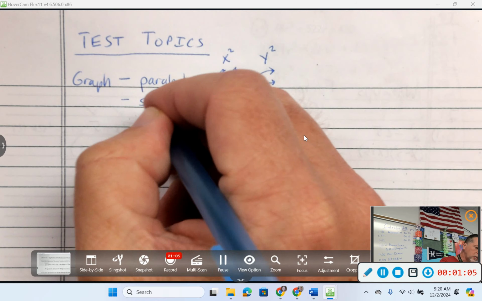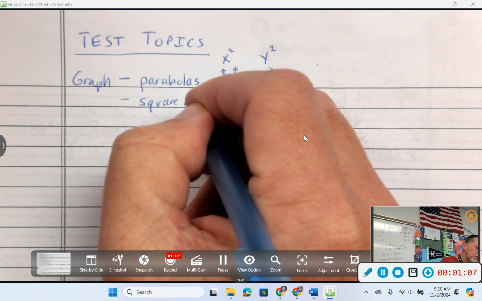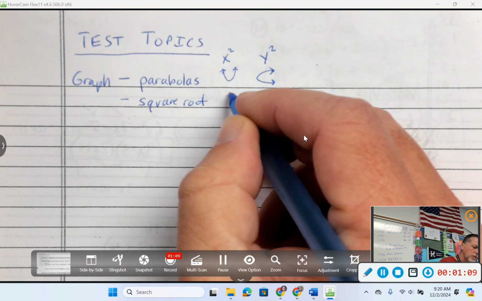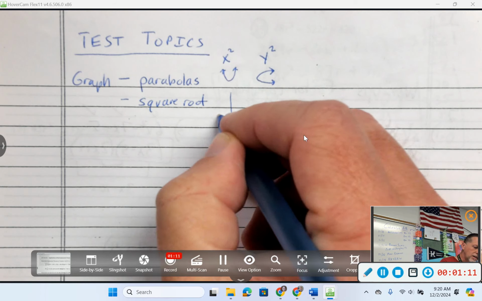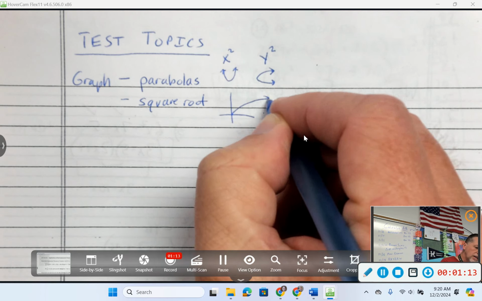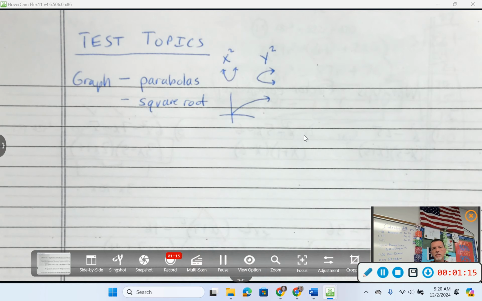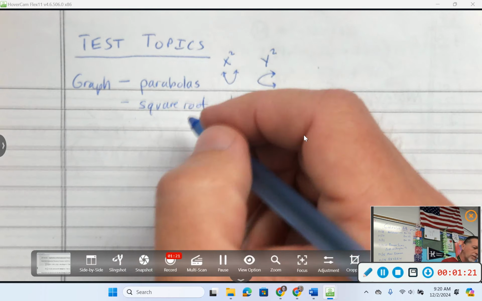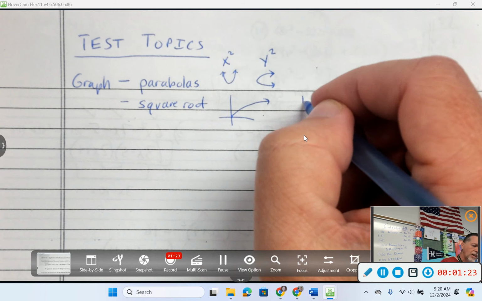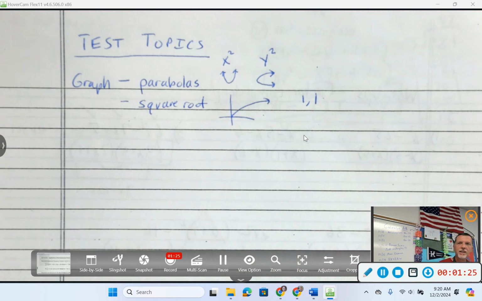We also did some square root graphs. That was a new parent function for us this unit. And the key points, you don't really have to memorize the key points if you know what square root means. The square root of 1 is 1.